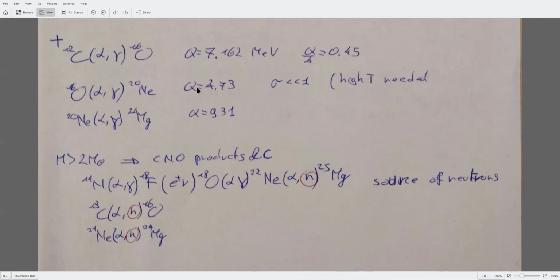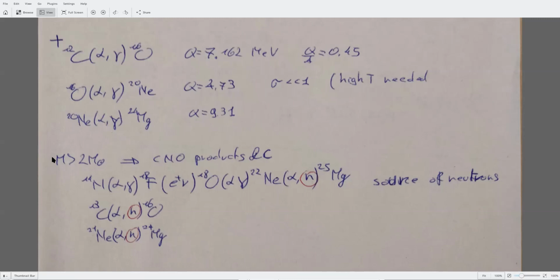The energy production is lower, and this has a really small cross section. That means it needs a higher temperature. So you need a higher temperature to consume this oxygen, and then the neon, and produce magnesium, producing a little more energy.